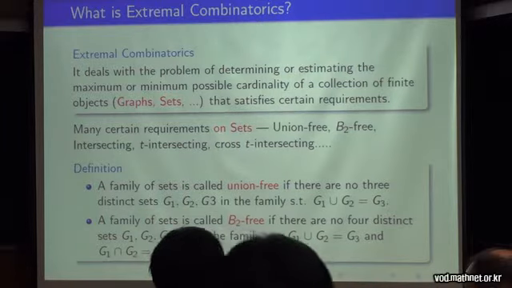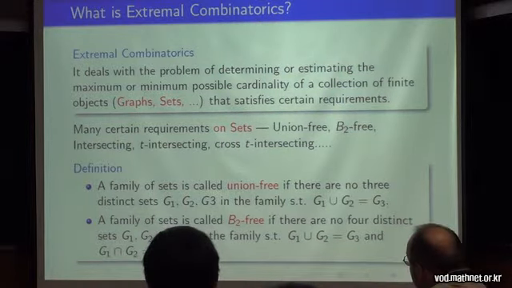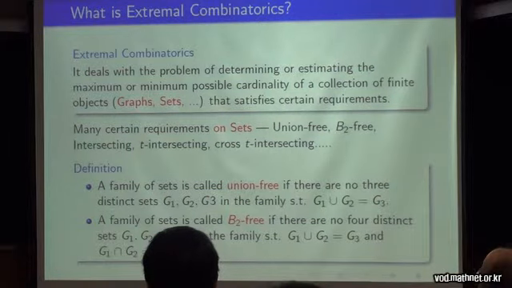However, there are a lot of interesting extremal combinatorics problems on graphs. In addition, there are many certain requirements. Today I will just talk about union-free, P2-free, intersecting, t-intersecting, and cross t-intersecting. Actually, there are a lot of certain requirements on sets.